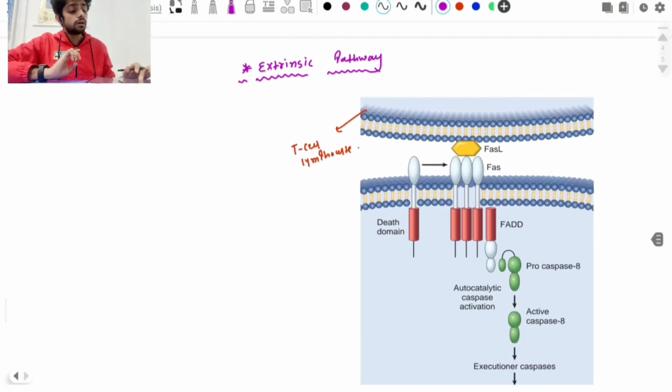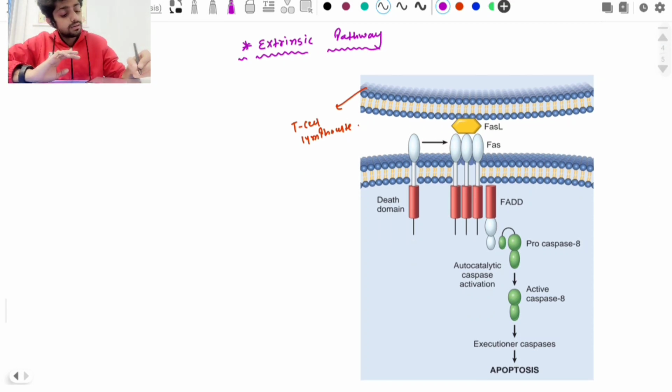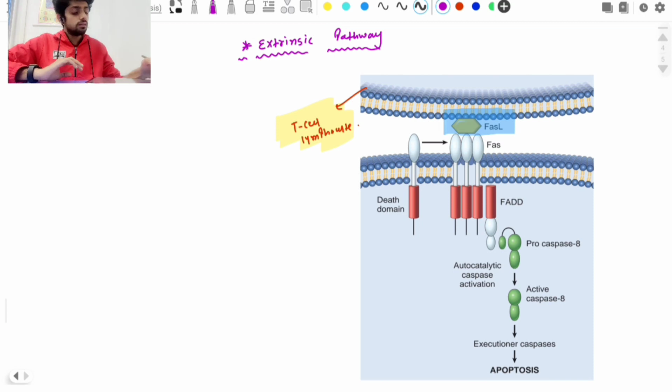Second is the extrinsic pathway. What is meant by the extrinsic pathway? There is no involvement of the mitochondria. Normally here one T lymphocyte is present. On the surface of the T lymphocyte, there is a Fas ligand present, and on the other side, on the target cell, we have the Fas receptors.